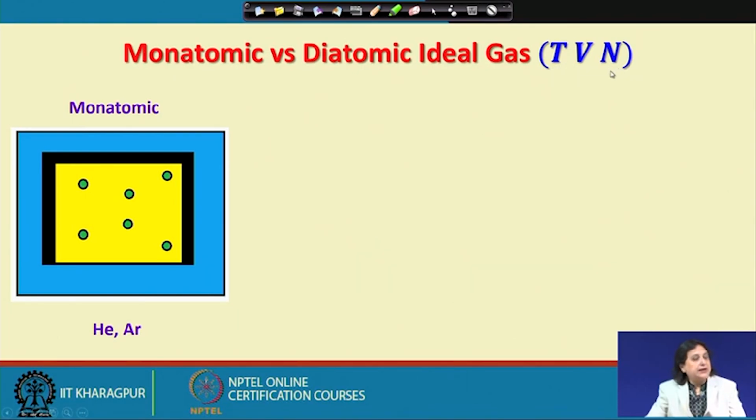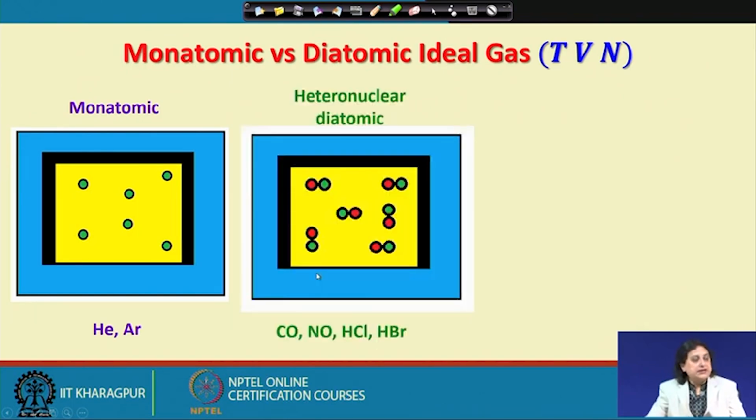But if I look at the microscopic picture of the system, this is how typically the monatomic system would look like. Examples of such a system would be helium gas or argon gas. Now, for the diatomic system, I can have a heteronuclear diatomic gas molecule. What happens here is two different types of atoms combine with each other, form a bond between each other and form this heteronuclear molecule.